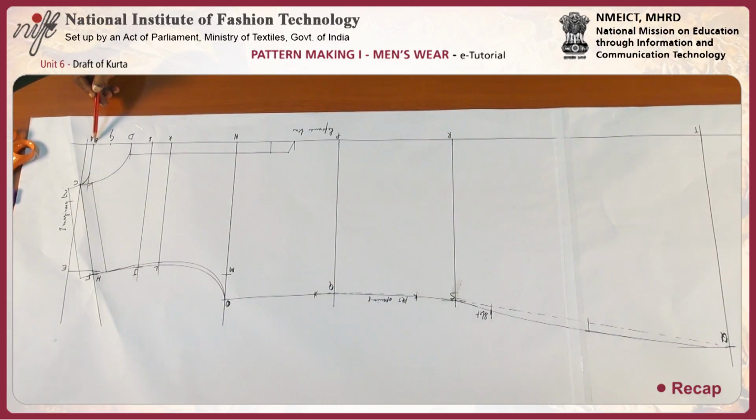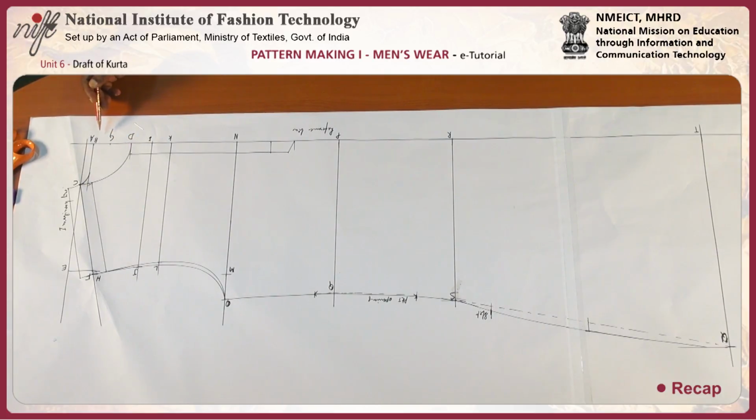Then A to D 7.2 centimeter or B to C 6.4 centimeter, whichever is to be considered. 1/6 of neck here if you measure from B to D. If you measure from A to D, it is 1/6 of neck plus 1.2 centimeter.